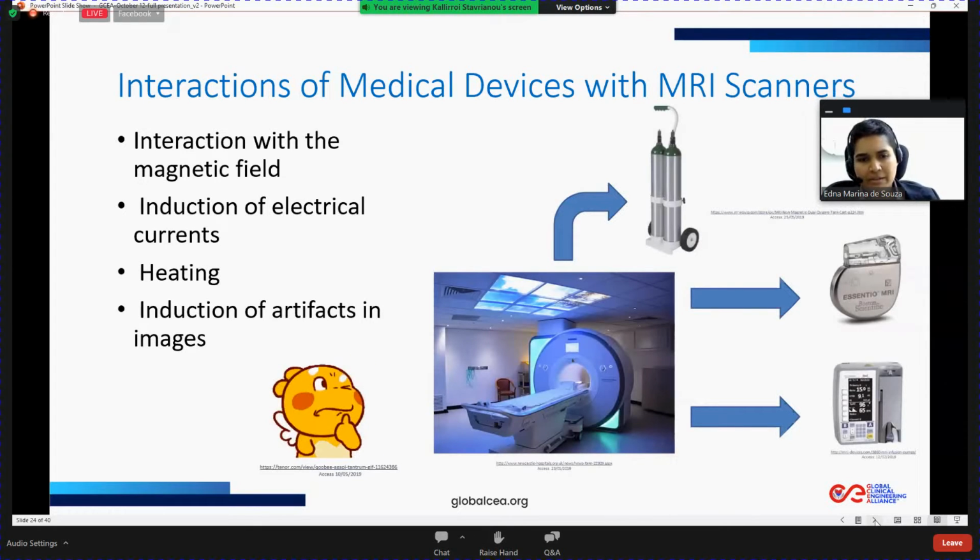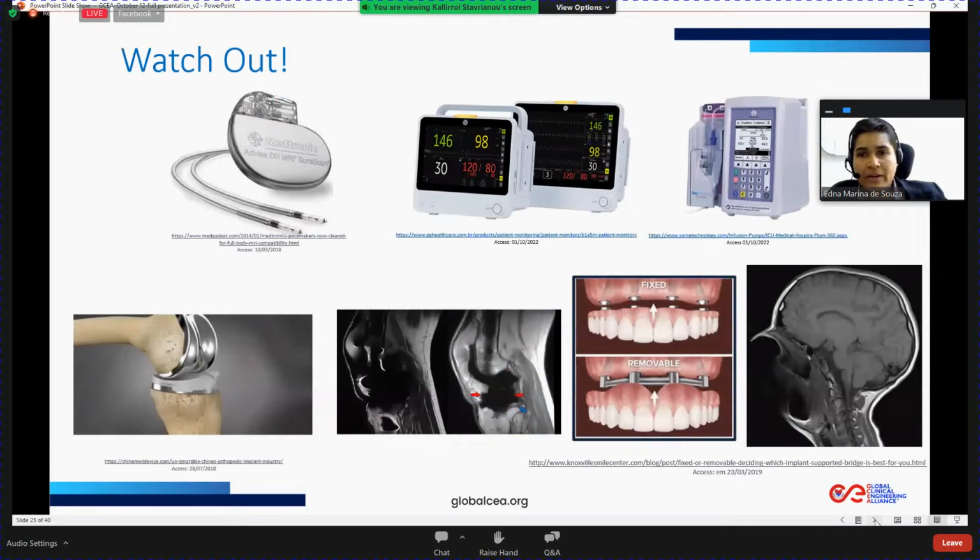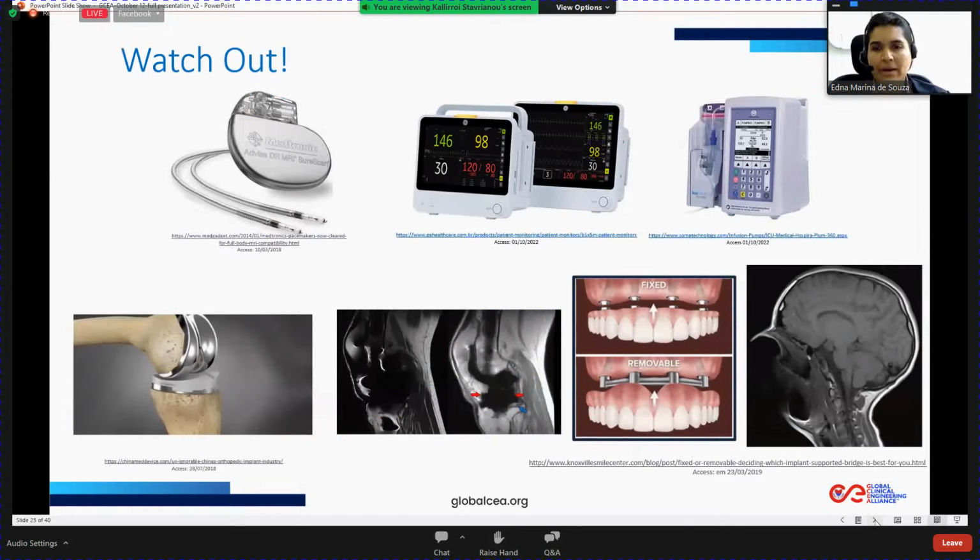Here we have some examples of devices that can have dangerous interaction with MRI scanners, such as oxygen tanks, infusion pumps, and pacemakers.